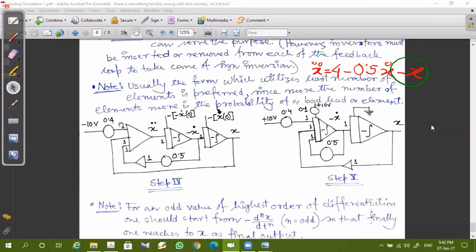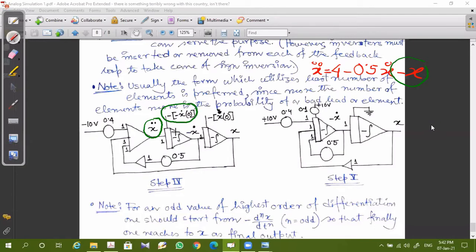If you look closely, what is this x double dot showing? 4 minus 0.5 x dot minus x. So once you have the information regarding x double dot, simply integrate once to get minus x dot. Important thing is this initial condition.